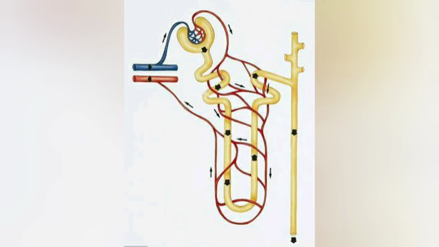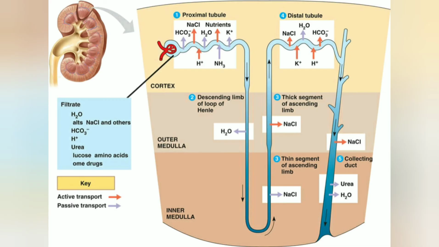That means in the descending limb, as it is permeable to water, water diffuses out from the tubular fluid into the tissue fluid, due to which the tubular fluid, that is the fluid present in the loop of Henle, becomes concentrated.